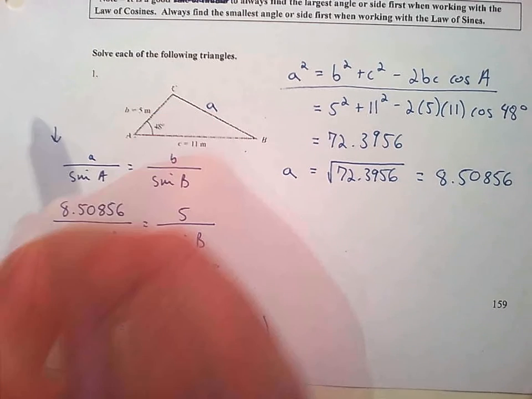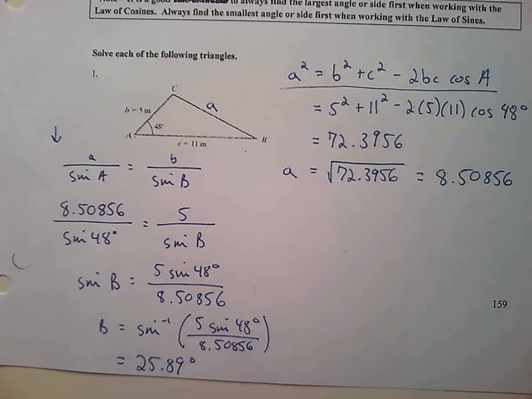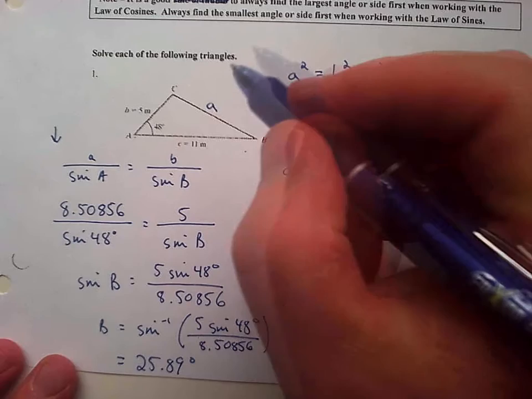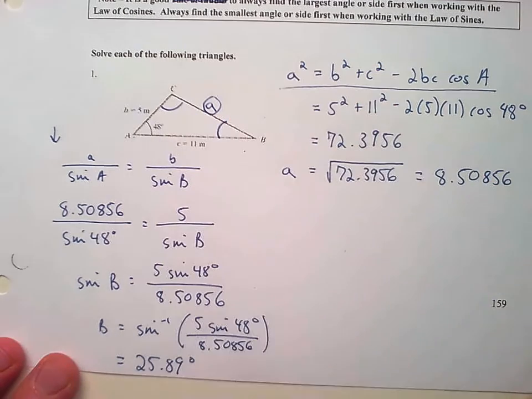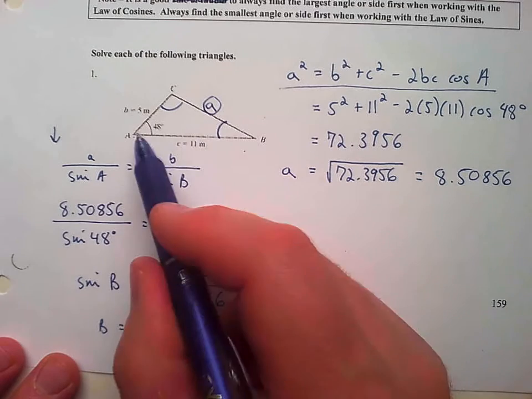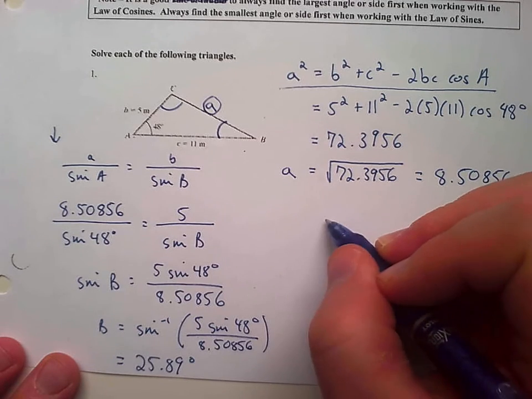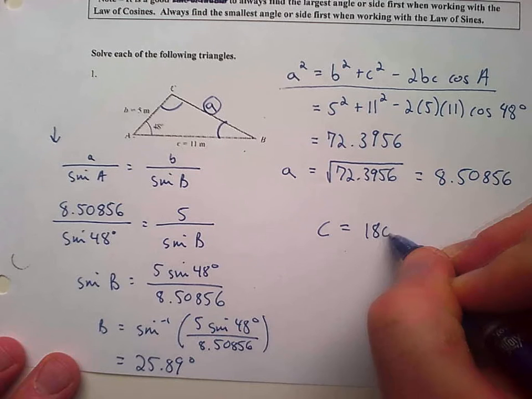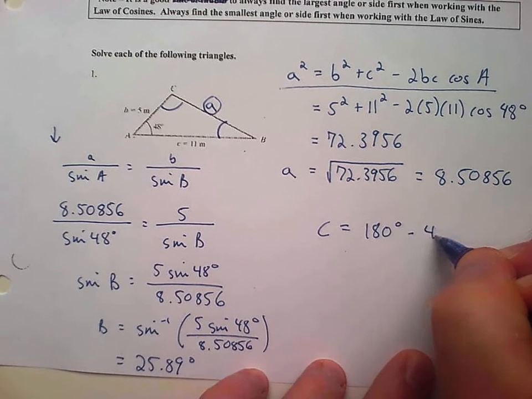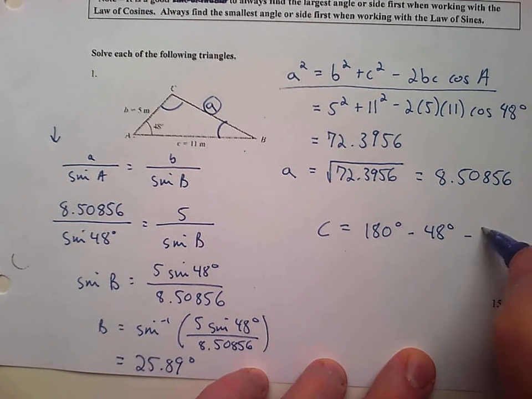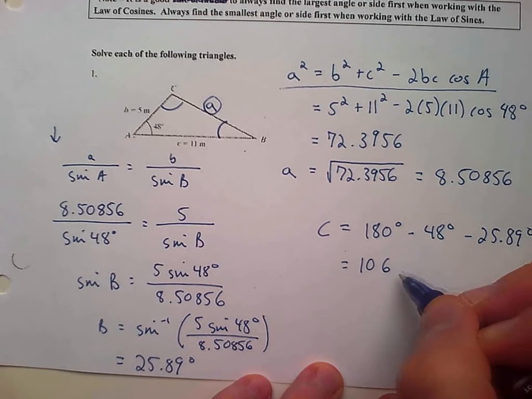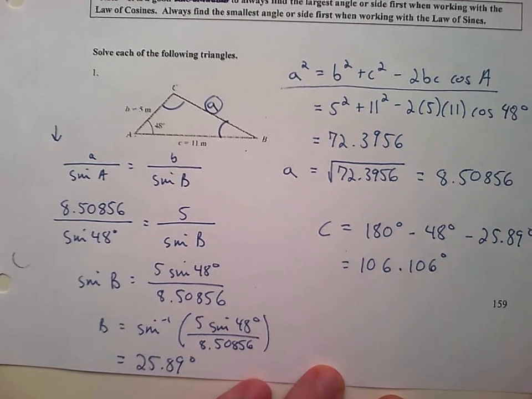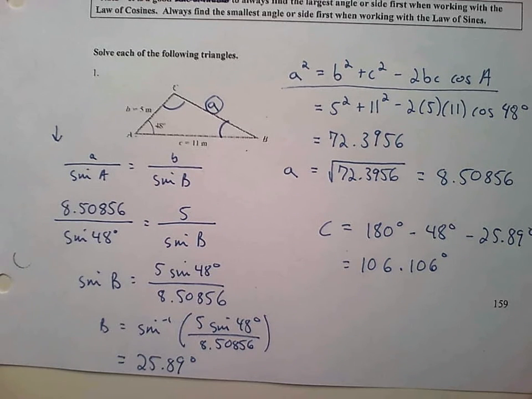And really, so far, the only new thing that we've done is apply this law of cosines formula. This portion right here is just the law of sines, but that was what we learned in the previous section. So now we found side A, we found angle B. Now all that we still need to do is find angle C. Since we already know two of these angles, we can say that C is equal to 180 degrees minus angle A minus angle B, which gives us that C is equal to 106.106 degrees.